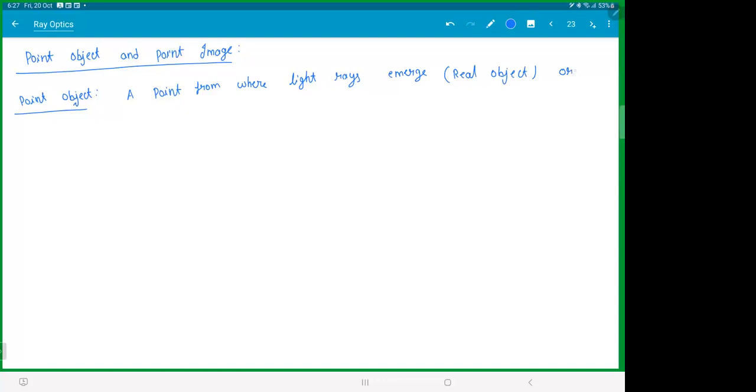Or appear to emerge is called a virtual object. I'll give you examples.